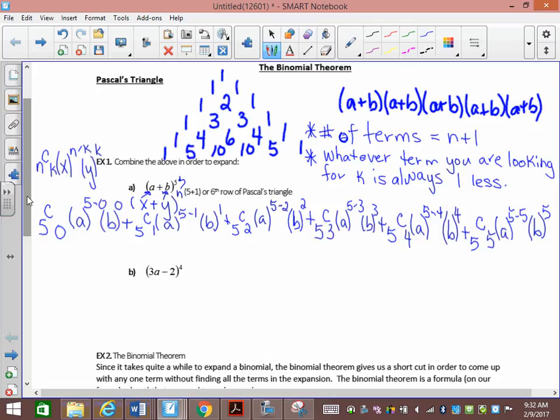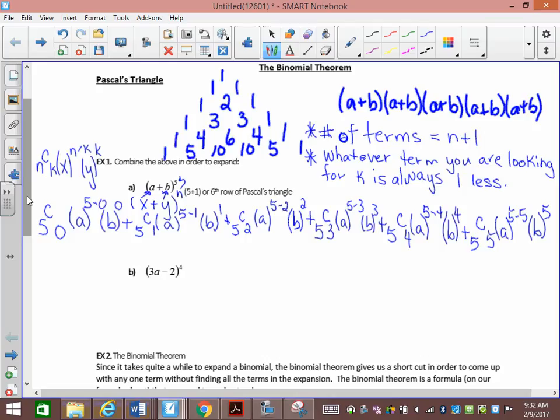If I'm looking for term 1, k was 0, right? So k is always 1 less than the term you're looking for, and the number of terms is always 1 more than n. Very important that you know that, because when they ask stuff in the diploma, sometimes they'll give you a binomial, like a plus b to the 5, and they'll give you like 7 statements, and they'll ask how many are true. If you don't know that the number of terms is 1 more than n, then you'll get that statement wrong.